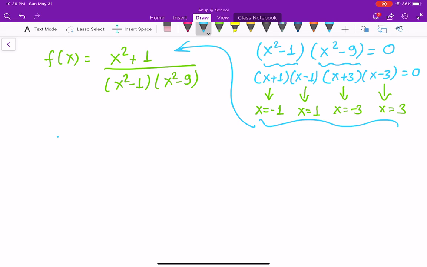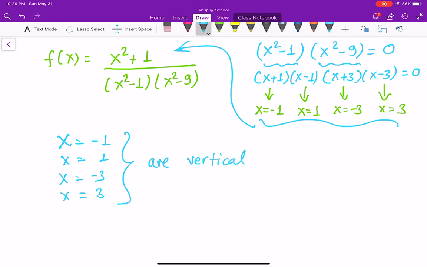So we have x equal to minus 1, x equal to 1, x equal to minus 3, x equal to 3. All of these are vertical asymptotes of the given function f of x.